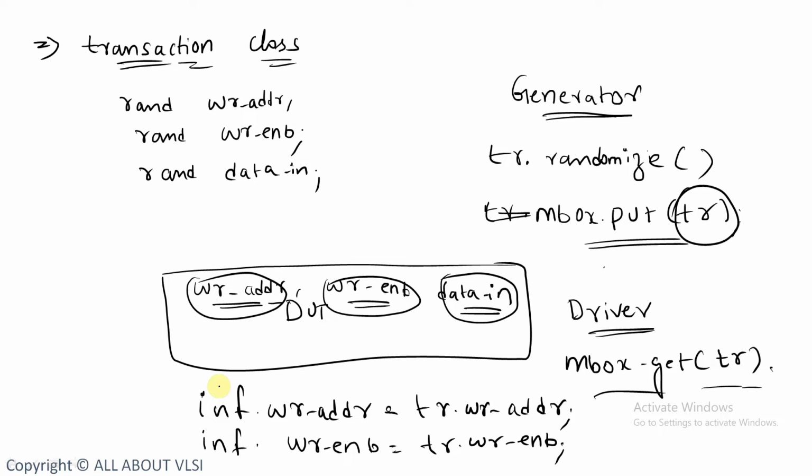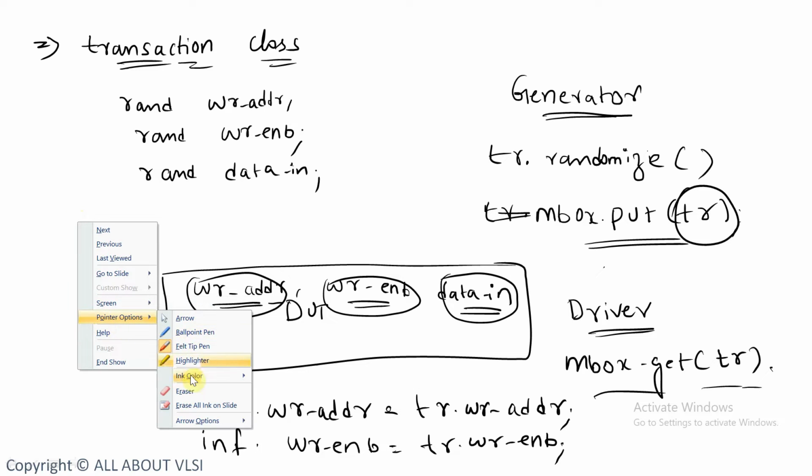We are copying them. This is the process which we were following in SV. In the case of UVM, this is not the process we are going to follow.